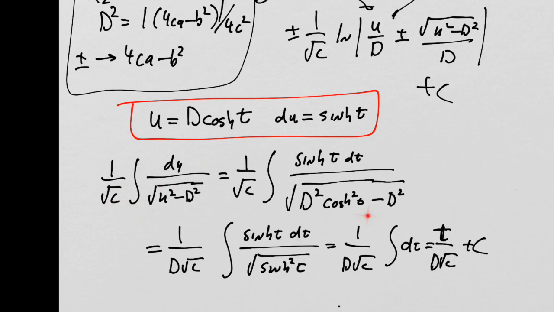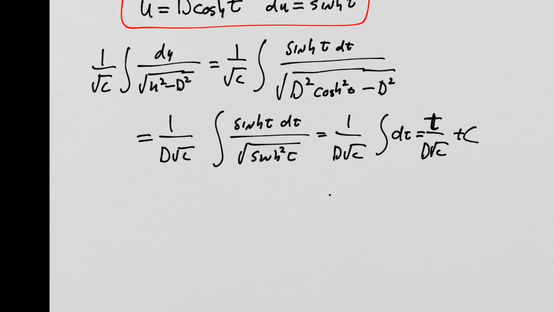Starting with this expression, you end up immediately with this expression where you then can pull out this d squared up front, and you end up with basically hyperbolic sine over hyperbolic sine, which is just the integral of this constant times dt. So you get t over d root c plus some constant.